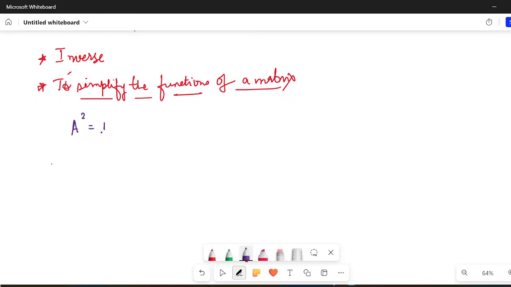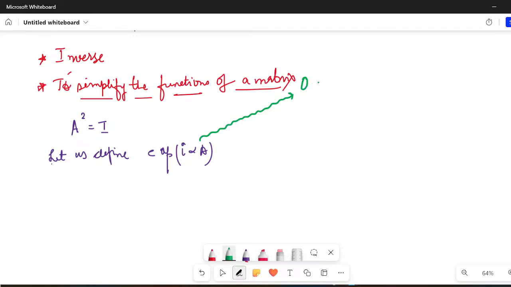And let us define an exponential of a matrix, e raised to the power iota alpha A. This particular matrix will occur in quantum mechanics, so you'll find the application of this matrix in quantum mechanics.